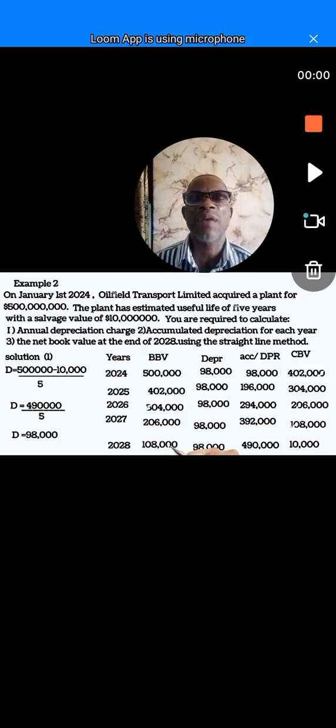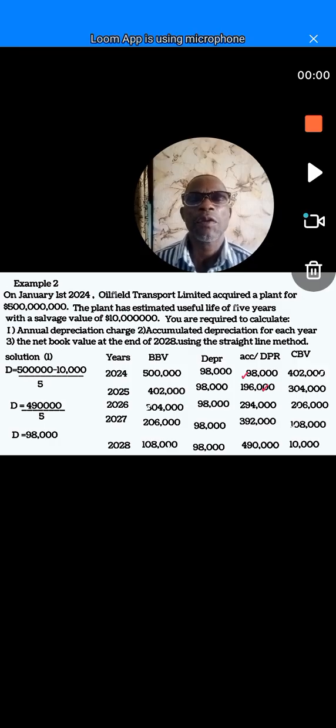The next question says accumulated depreciation for each year. The first year accumulated depreciation is 98,000, and the second year it is 196,000. The third year 294,000.